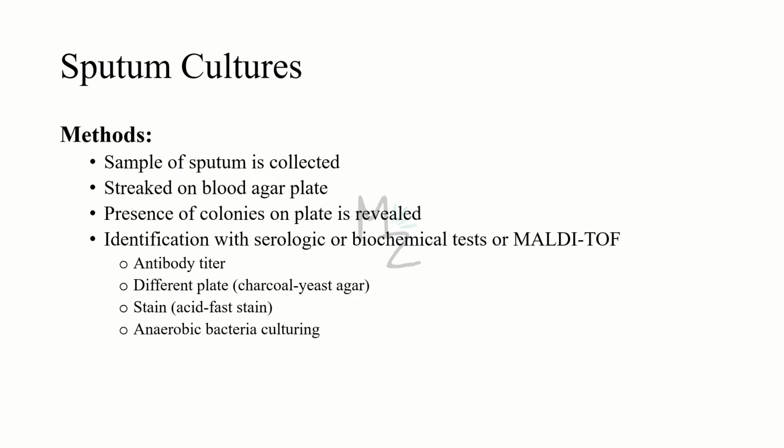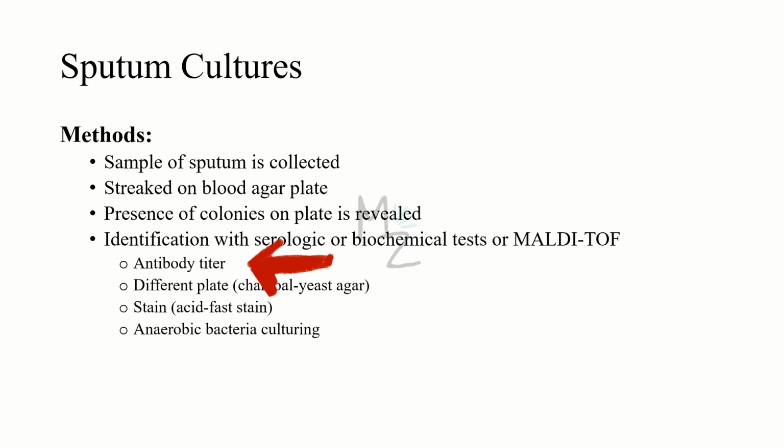Then it is streaked on blood agar plate and the presence of colonies on the plate is revealed. Culture of sputum on blood agar can reveal the presence of colonies with identification established using various serologic or biochemical tests or by MALDI-TOF. It is abbreviated as matrix-assisted laser desorption ionization time of flight.